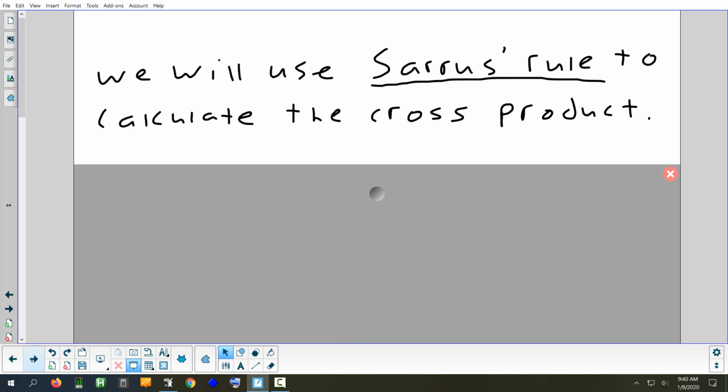What we're really doing is we're looking at what's called determinants. We don't know what those are because we don't really study matrices in this class. So this is a rule that allows you to find a cross product without me having to explain a whole bunch of other stuff about matrices.